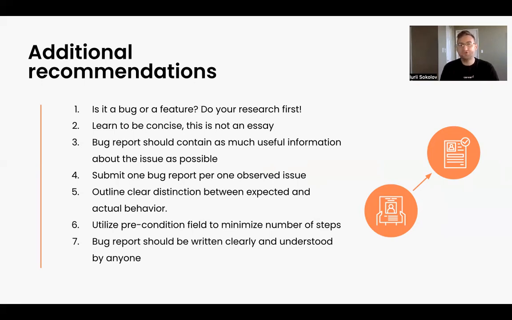Especially when you just join a company as a new QA engineer, your best bet would be to check their task management system, bug tracking system, to see how other QA engineers file their bug reports. It will not only give you an understanding of their structure and the way they write them, but also what issues have already been filed, what are the existing bugs, previous bugs, past bugs. So you will have a better understanding of how to do your job better.